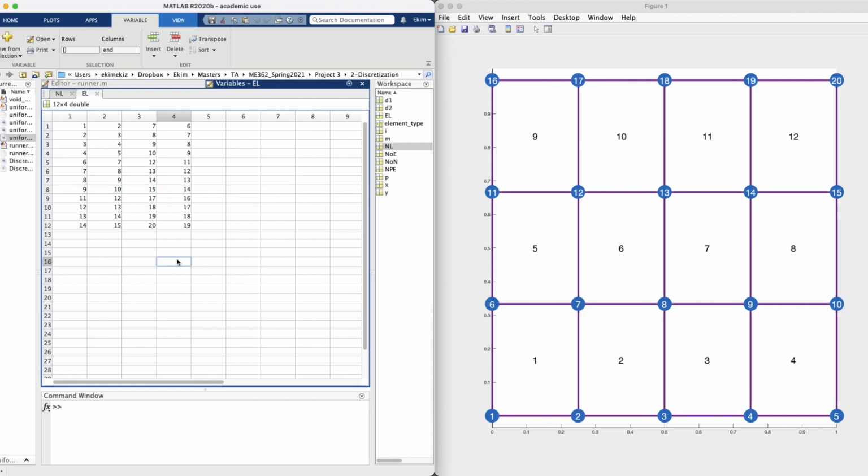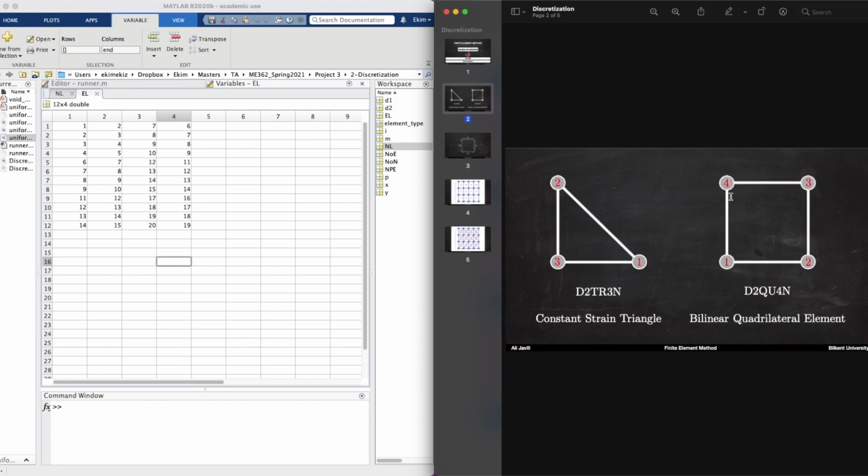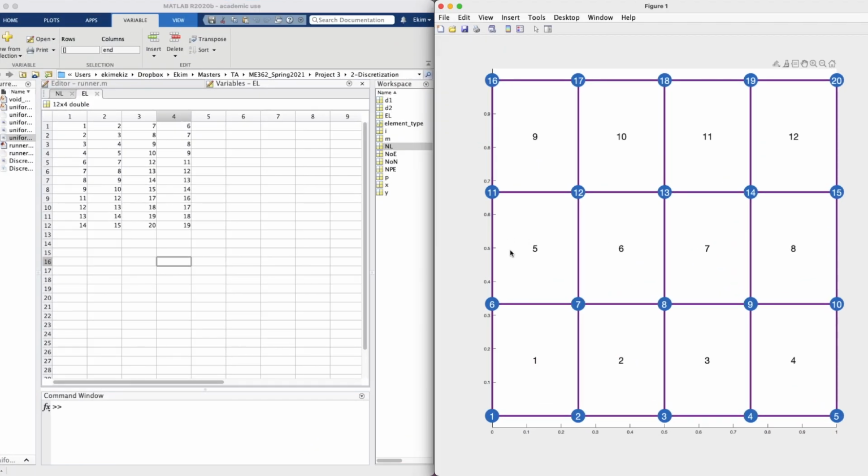However, the important thing here is that we need to follow this counterclockwise direction when we are constructing our element list. If you look at it, the first element is composed of nodes 1, 2, 7, and 6, and it should be in that particular order. It could have been 2, 7, 6, 1. It's still counterclockwise, so that would work too. The important thing is that they should be counterclockwise.